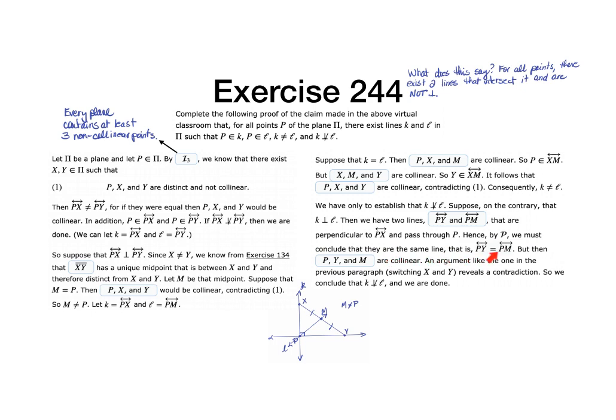That is, PY must be equal to PM, because remember, there is only one line perpendicular to another through a given point. But then P, Y, and M are collinear. An argument like the one in the previous paragraph, switching X and Y, reveals a contradiction, so we now can conclude that K is not perpendicular to L, and we're done.